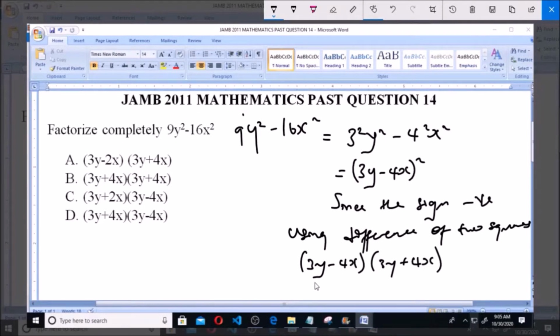This is the complete factorization of 9y squared minus 16x squared. You can see what we did here: we broke it down, then put them in squares, and since they have a negative sign, we used the difference of two squares. That gives us (3y minus 4x)(3y plus 4x), which is the same as option D, (3y plus 4x)(3y minus 4x).